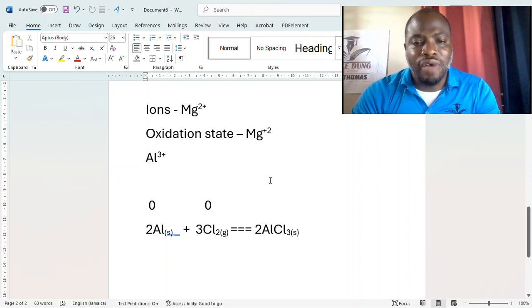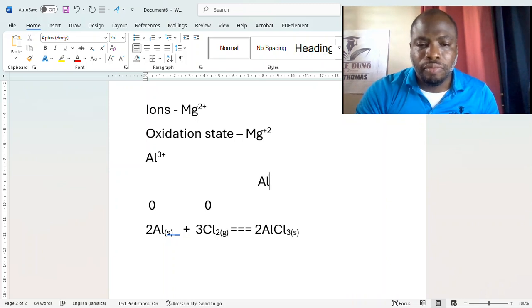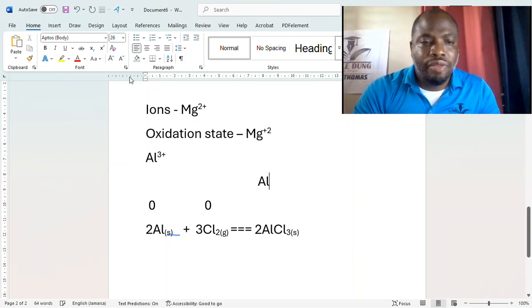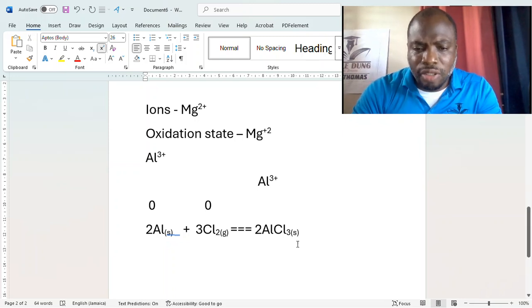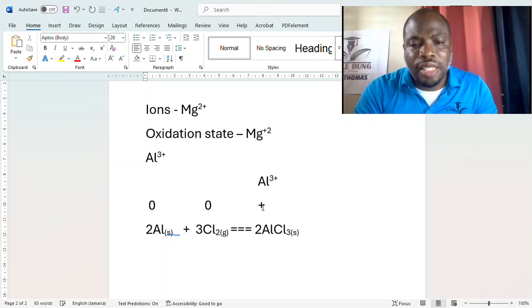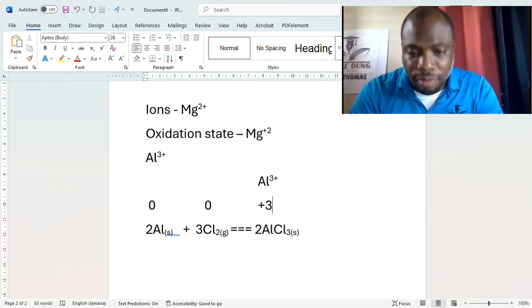Let's look at it in terms of oxidation number. So we know aluminum is basically 3 plus. And this compound right here is an ionic compound, so it's made up of ions. If we have the ion, then the oxidation number is a representation of that ion. So right now the aluminum is a plus 3.